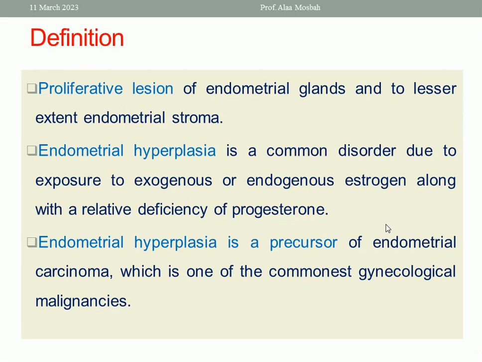Also, ovarian tumors secreting estrogen, like granulosa cell tumor, may be associated with endometrial hyperplasia. Also, exogenous estrogen may be hormone replacement therapy given to a postmenopausal lady to treat menopausal symptoms.